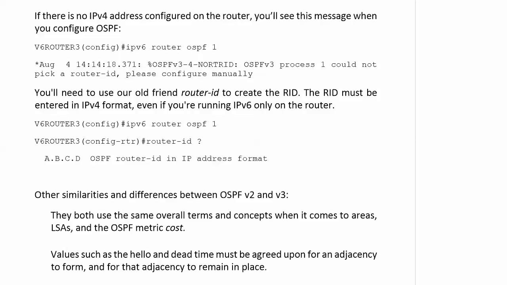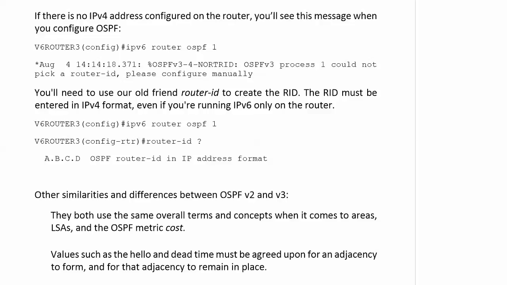Well, if you don't have a version 4 address configured on a router, when you enable OSPF version 3, you'll see this message, and we'll see it in the live equipment here soon as well, where I put ipv6 router ospf 1, and I got a message immediately saying the process 1 could not pick a router ID, please configure manually. The reason it couldn't pick a router ID is we didn't have any addresses on that router that it could use, because we have to use a version 4 address for the RID.